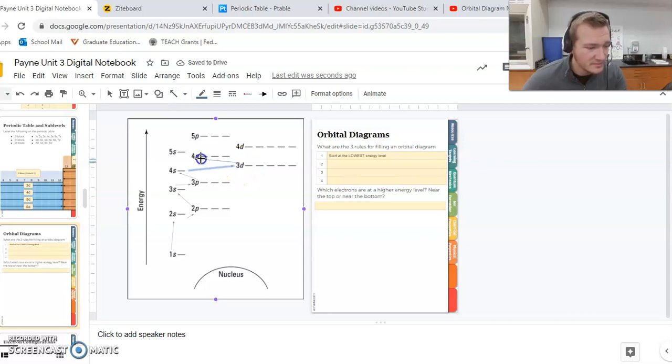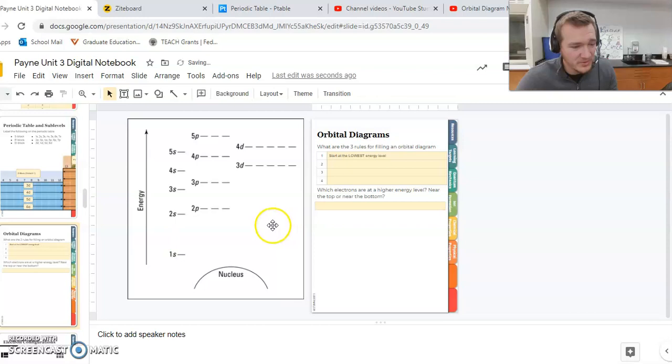And then from 3d to 4p. And then from 4p to 5s, and so on. So that might seem a little confusing at first, and I don't blame you. But the easiest way to think about it is you start with the lowest one and you just keep moving up. Whatever is up next, up highest, across the whole entire thing, okay? So just keep moving up, almost like a ladder.